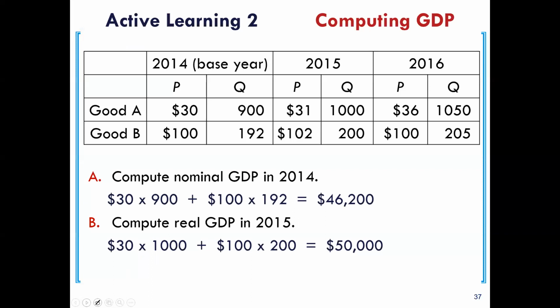So the value of good A is the price, which is 30, times the quantity, which is 900, plus the value of good B, which can be computed by multiplying the price of 100 times the quantity of 192. And then that gives us a GDP of $46,200.